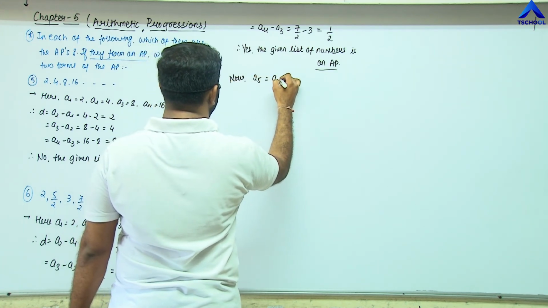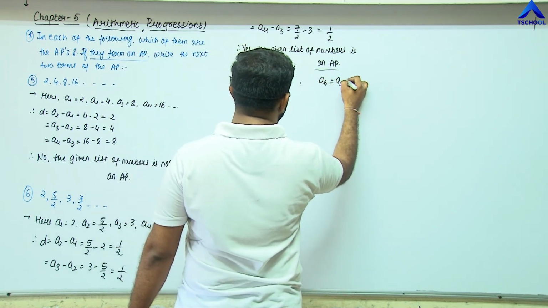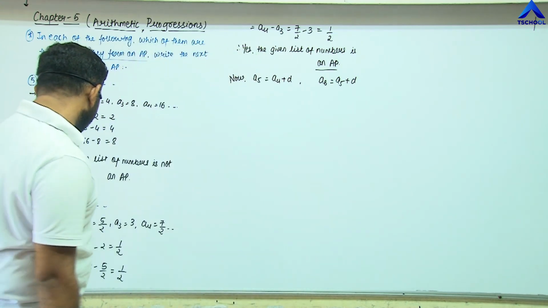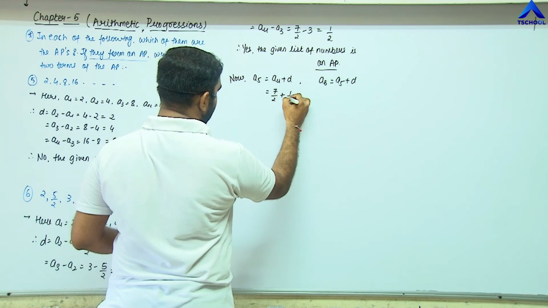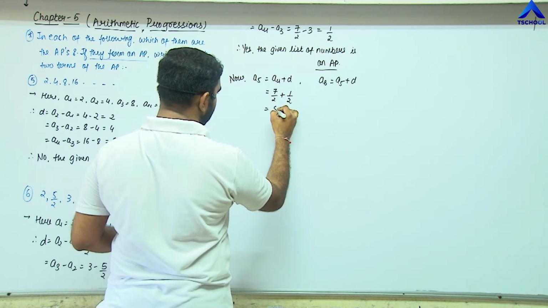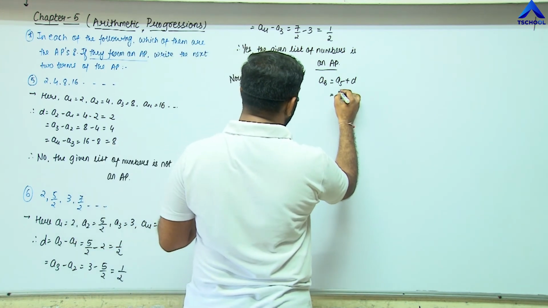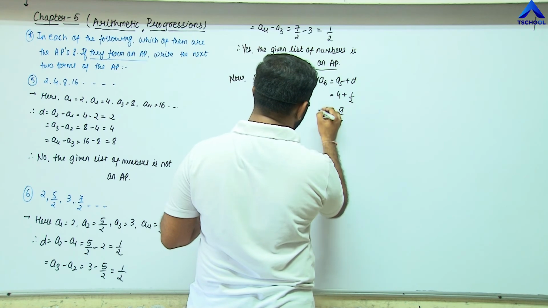Now a5, that is a4 plus d, and a6, that is a5 plus d, right? Now what is a4? 7 by 2 plus the difference 1 by 2, hence that is 8 by 2, which is equal to 4, and that will be 4 plus 1 by 2, that is 9 by 2.